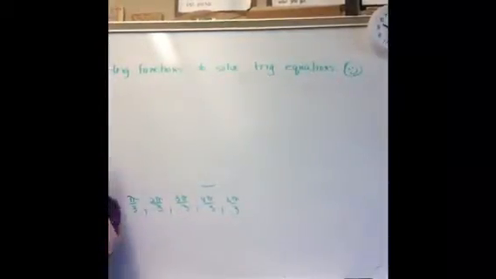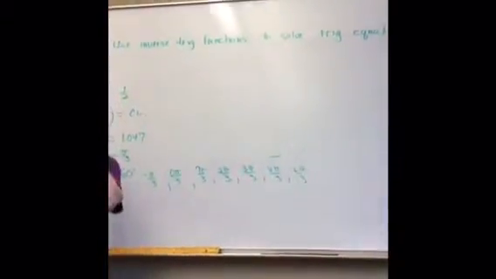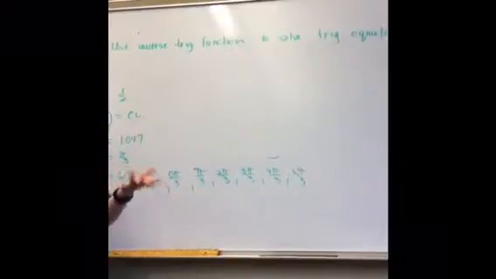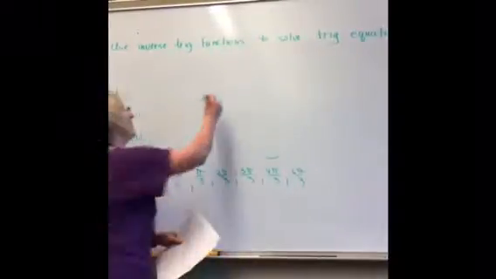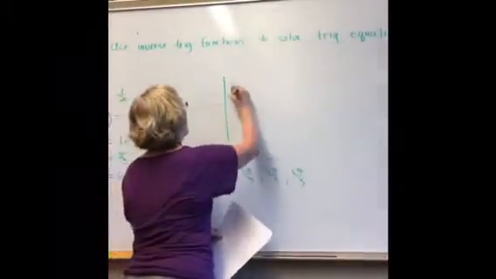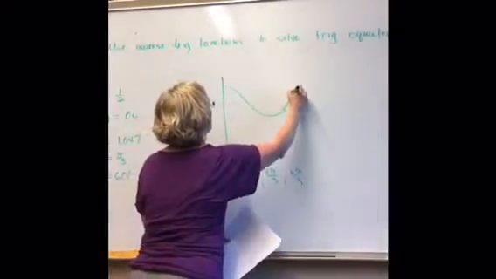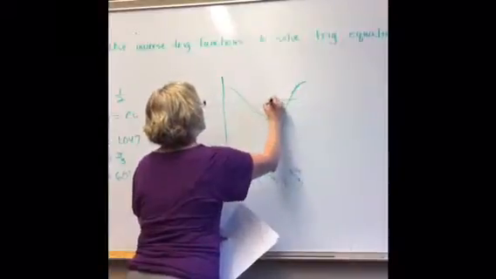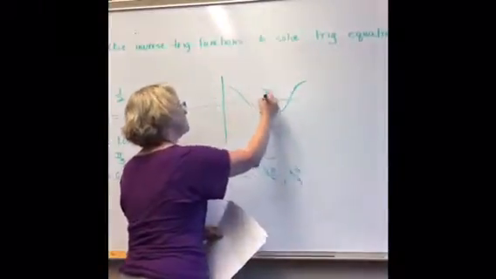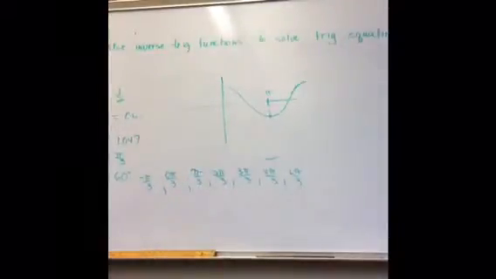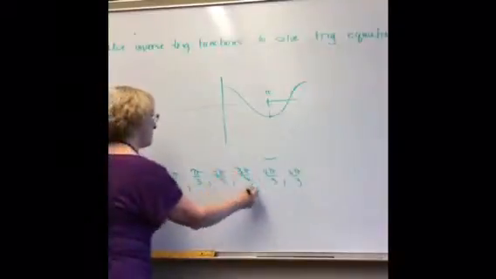What is the cos of pi? Here's pi. The cos of pi is -1. Okay. So this one we'd have to throw out.